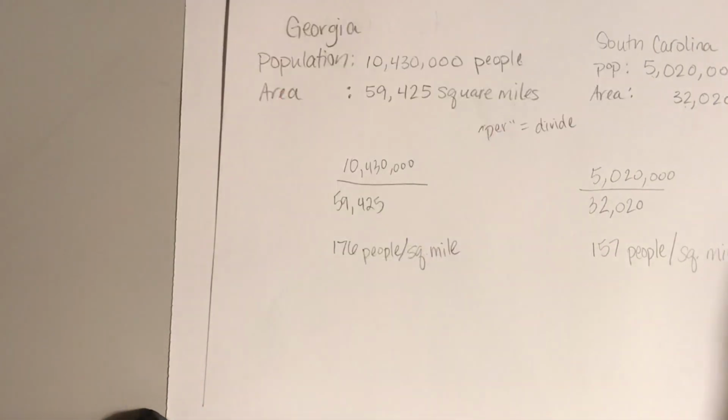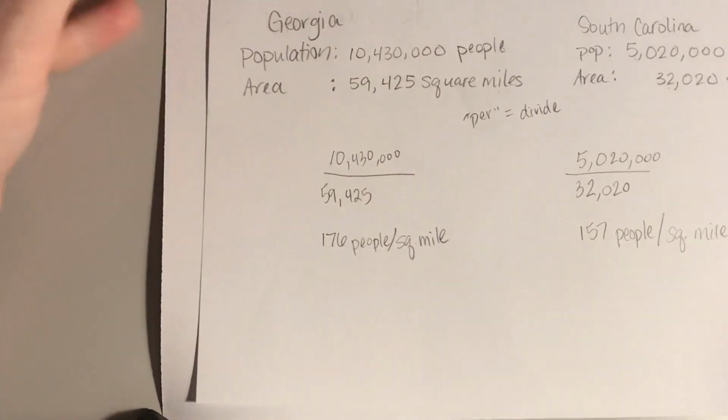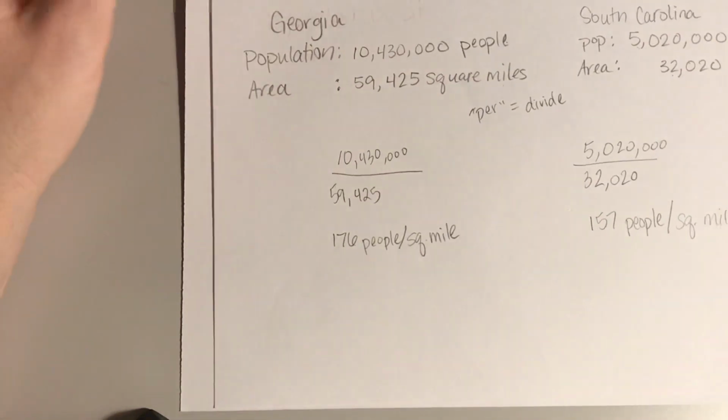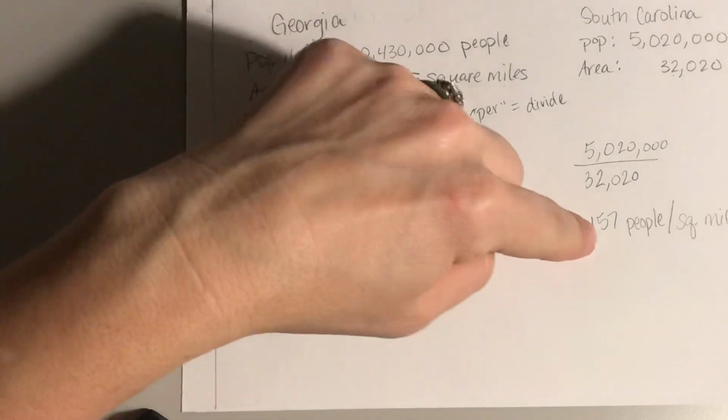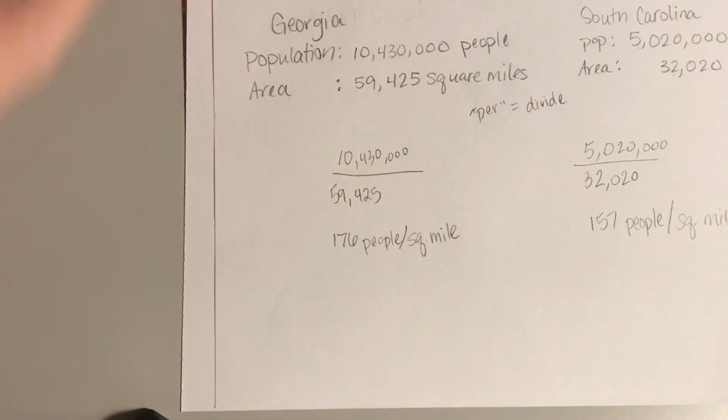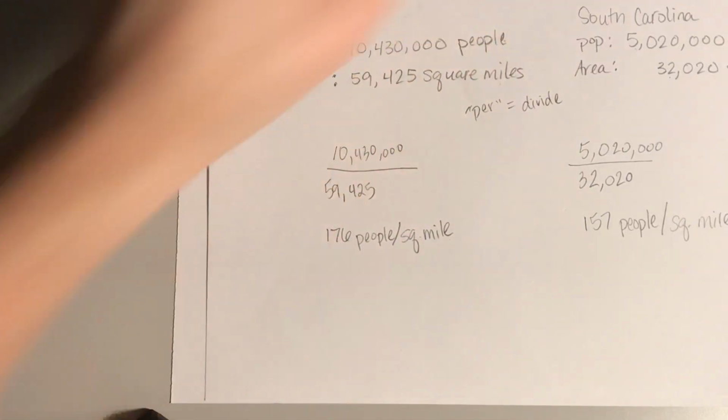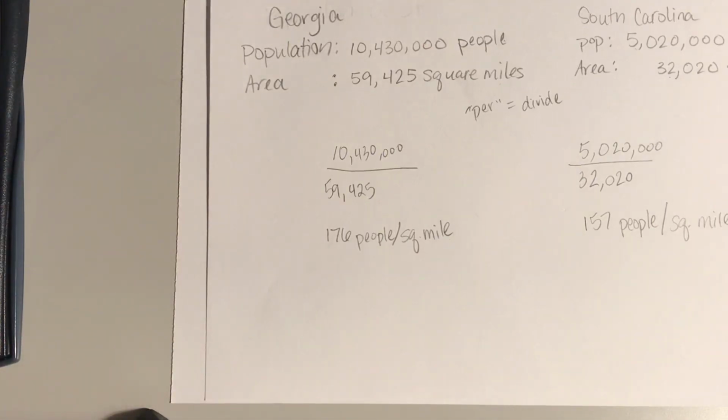All right, so if you had a question asking which one has the greater population density, this one is larger than that one, so Georgia's population is more dense. Okay, hopefully that makes sense.